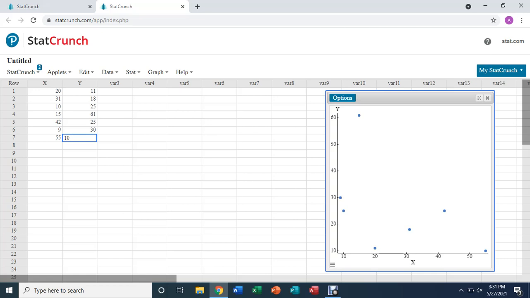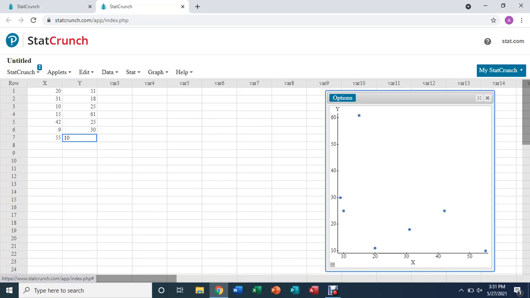It looks like there is no correlation between x and y, but let's find the correlation coefficient and let's find the equation that relates x and y and find the p-value and see if there is any linear correlation between these two variables.